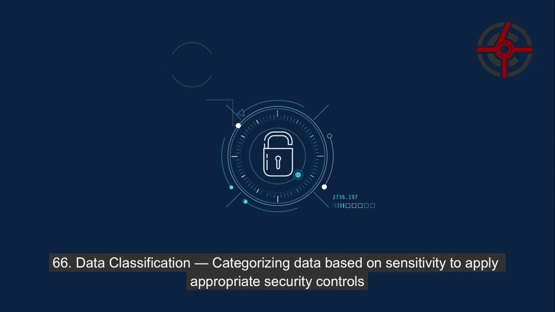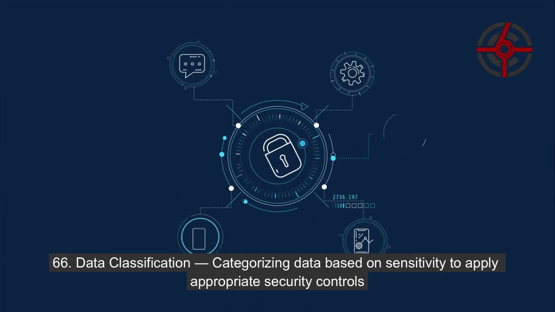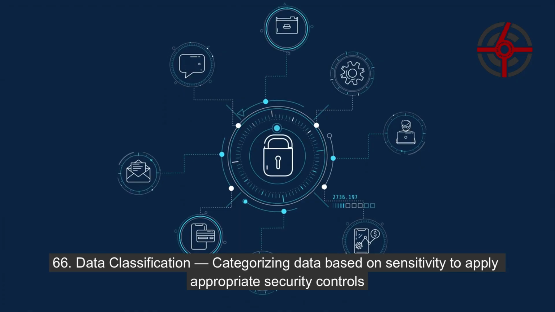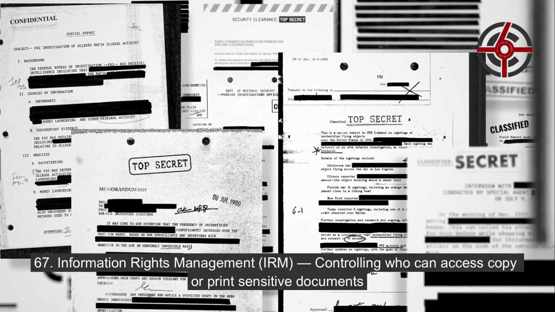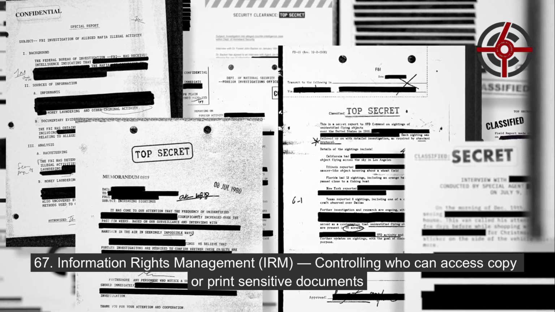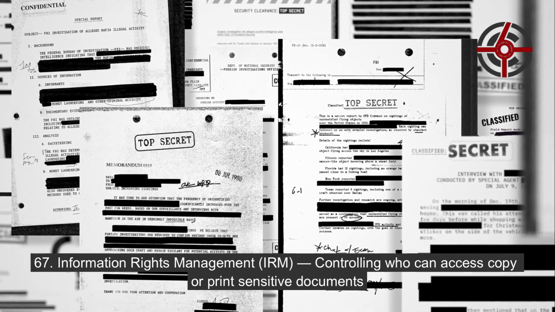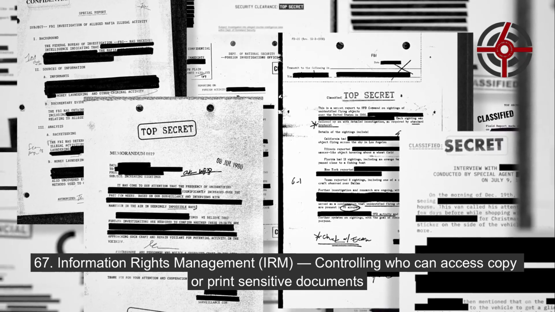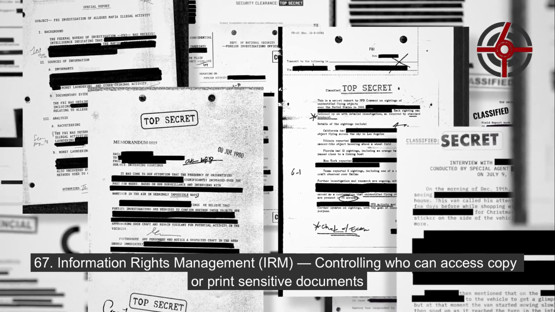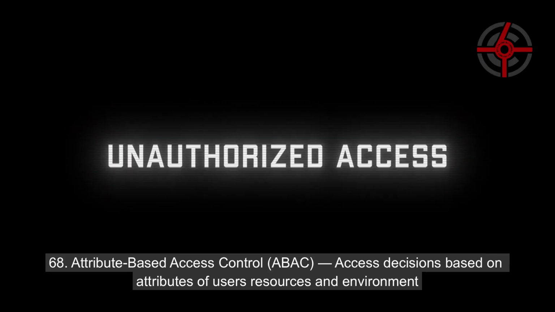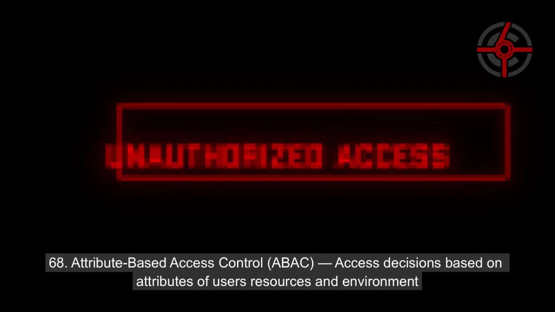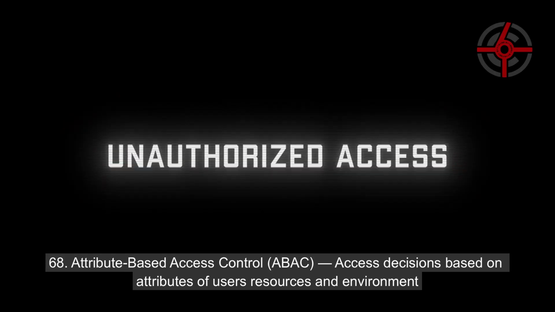66. Data classification, categorizing data based on sensitivity to apply appropriate security controls. 67. Information rights management, IRM, controlling who can access, copy, or print sensitive documents. 68. Attribute-based access control, ABAC, access decisions based on attributes of users, resources, and environment. 69.